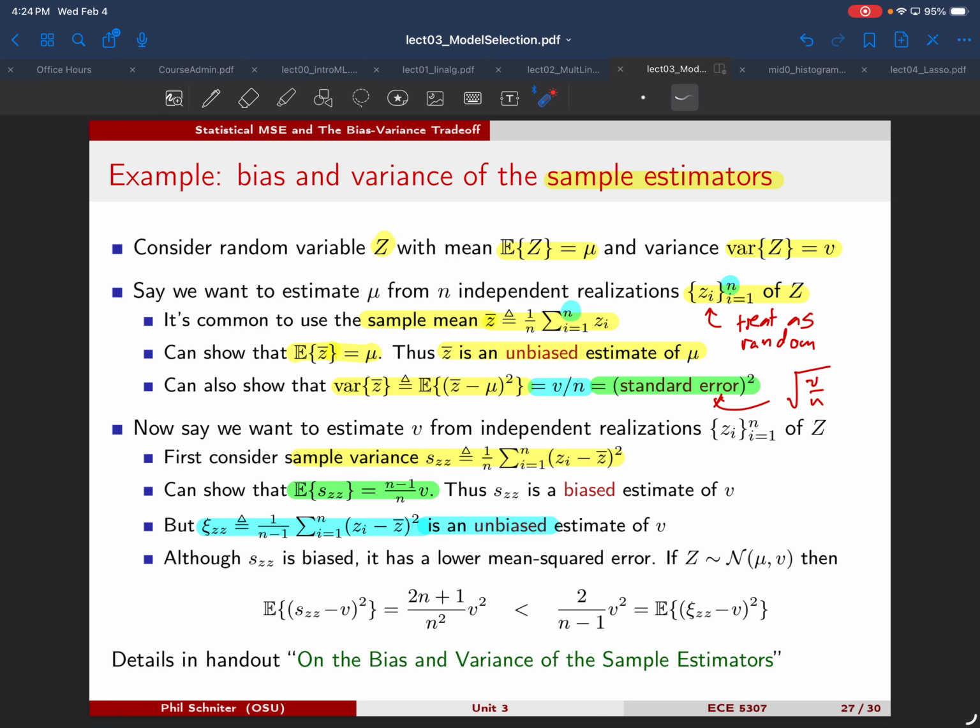You sometimes will trade bias for variance. This is another example of the bias-variance trade-off. In terms of mean squared error, it's not the right thing to focus fully on bias. We know that mean squared error is bias squared plus variance. And so here, this actually gives us a better trade-off in terms of mean squared error.